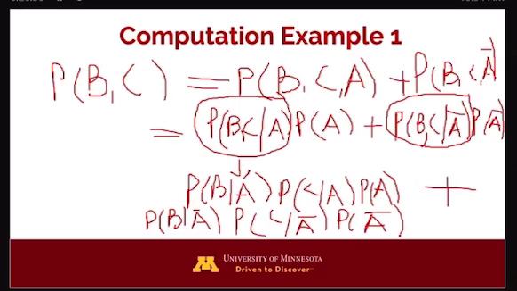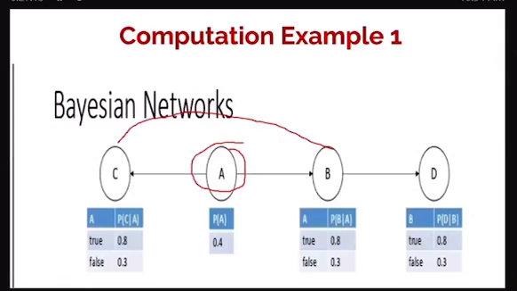Now, the next thing I want to do: I have B given A, C given A, and P of A. It's going to be super easy because B given A is in the graph. B given A is 0.8. You can get that from the graph.